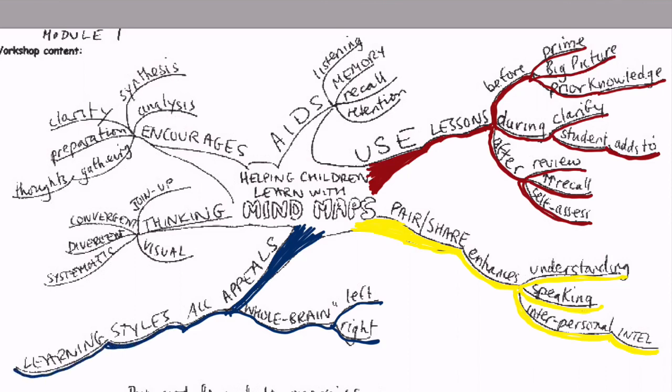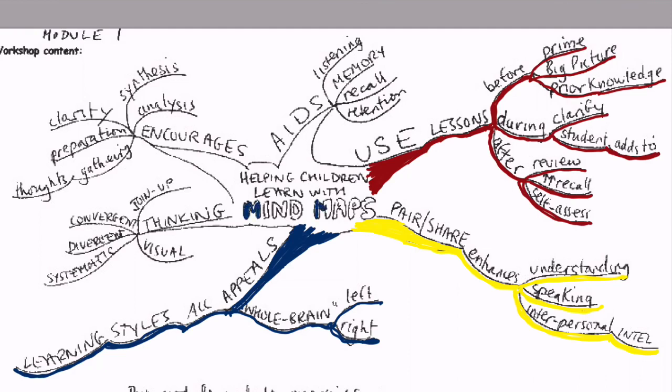So the idea that we have a main learning style is actually quite seriously flawed. But if either the teacher or the student believes that they have a dominant learning style, so that they're either visual, auditory, or kinesthetic, well, actually mind mapping appeals to each of these learning styles.